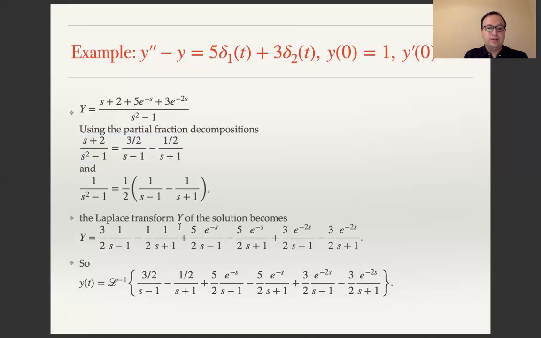And then from 5e to the minus s over s squared minus 1, we got 5/2 e to the minus s over s minus 1 minus 5/2 e to the minus s over s plus 1. So we replaced 1 over s squared minus 1 by 1/2 times 1 over s minus 1 minus 1 over s plus 1. And then from 3e to the minus 2s over s squared minus 1, we got 3/2 e to the minus 2s over s minus 1 minus 3/2 e to the minus 2s over s plus 1.